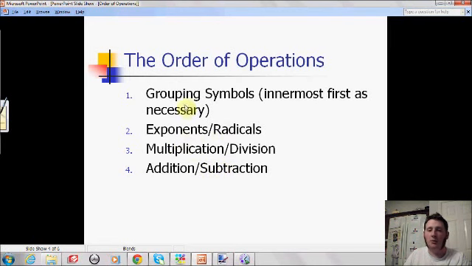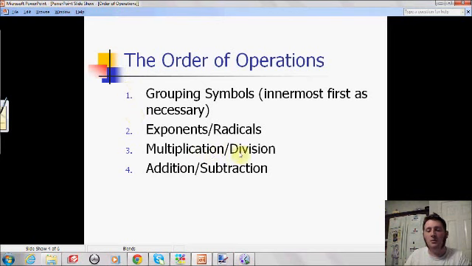I like to group them in this way in terms of the order of operations. So there's kind of two things on each line: grouping symbols, exponents, radicals, multiplication, division, addition, subtraction. I've also doubled these things up for reasons we'll get into more later in the year. But the basic idea is that you start at the top and you work your way down.